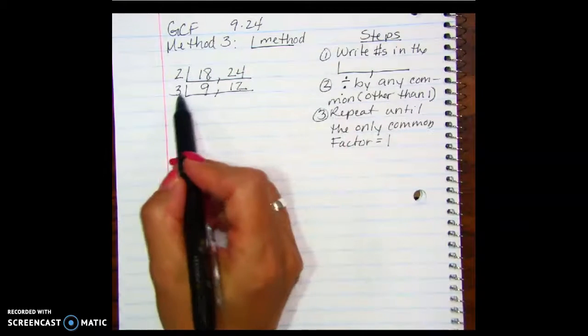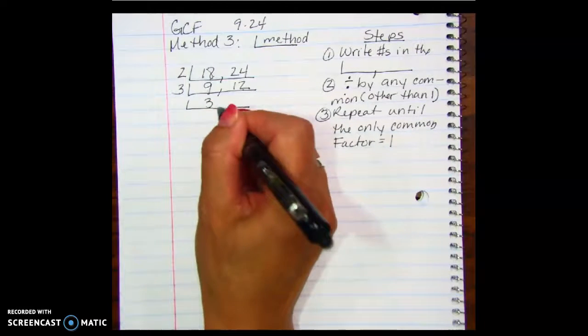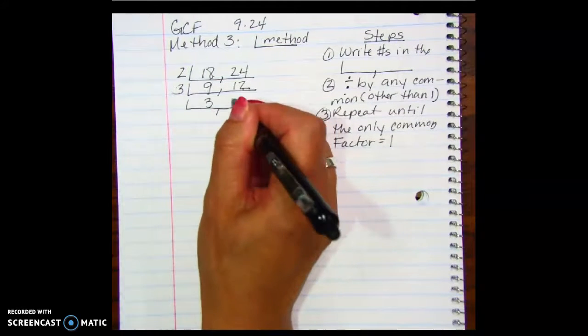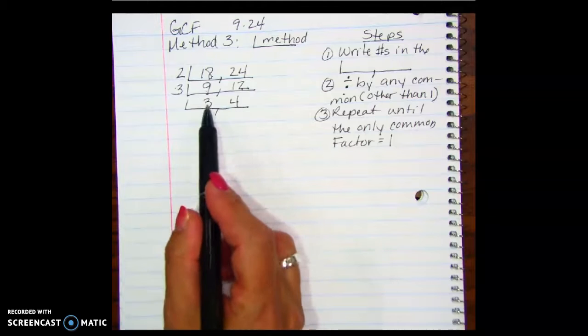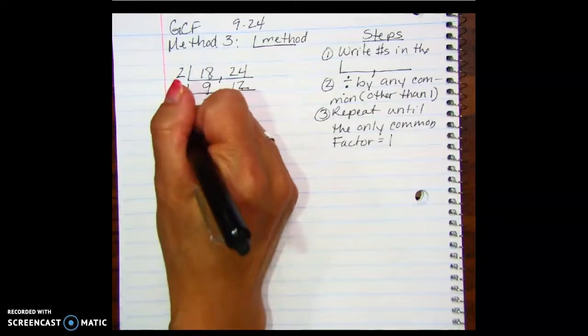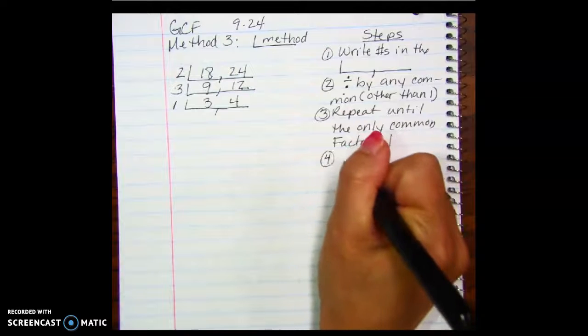Now I do it again. 3 goes into 9. I make my L. 3 times. 3 goes into 12 4 times. The only factor that 3 and 4 share is 1. So here's step 4. Here's the beauty.